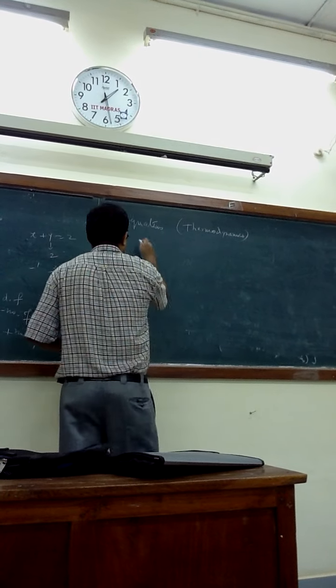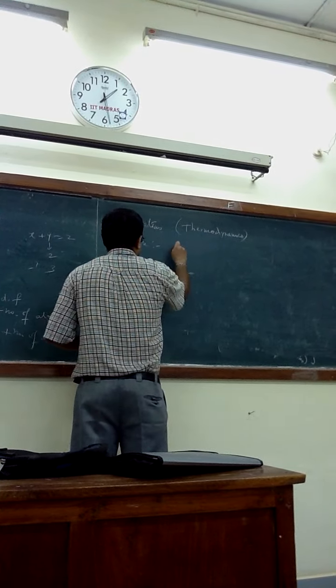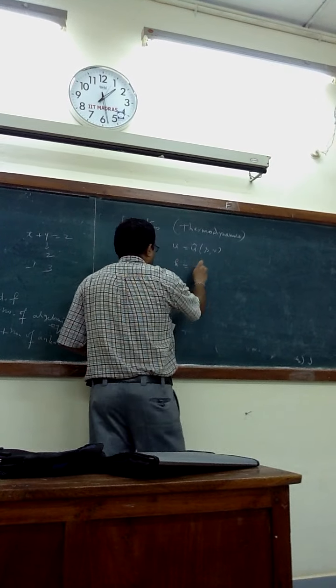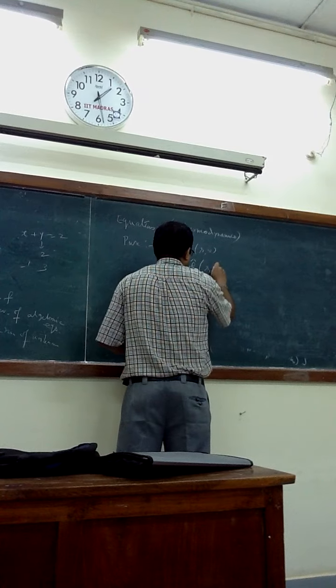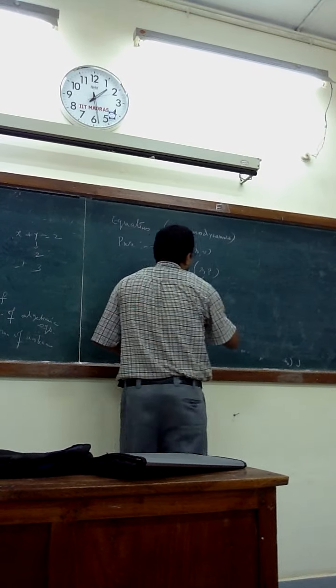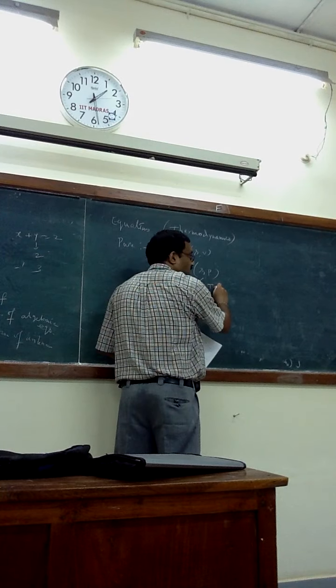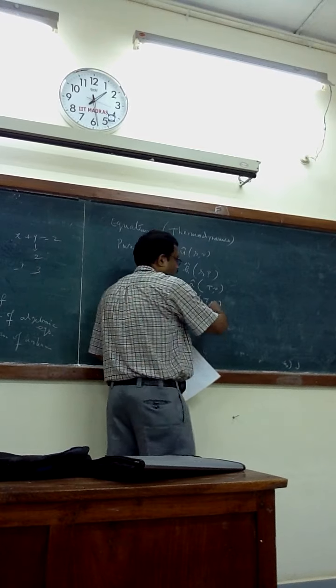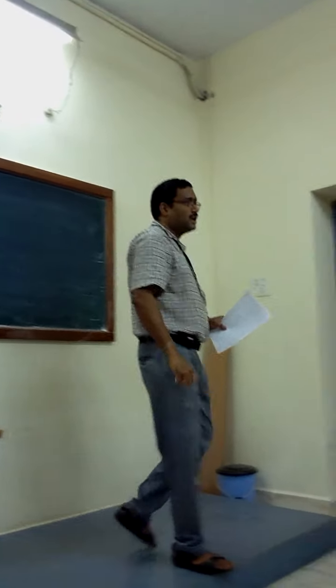For a pure substance, we have U equals U hat of S and V, H equals H hat of S and P, A equals A hat of T and V, G equals G hat of T and P. You have got that?